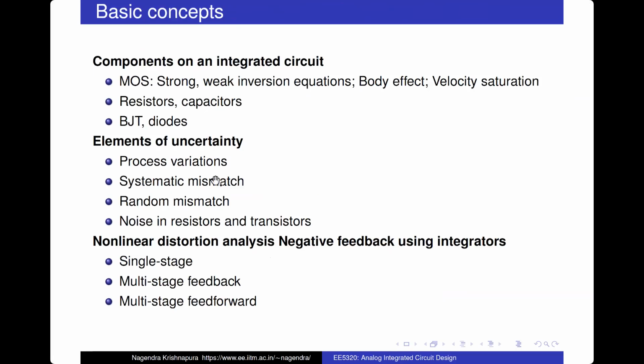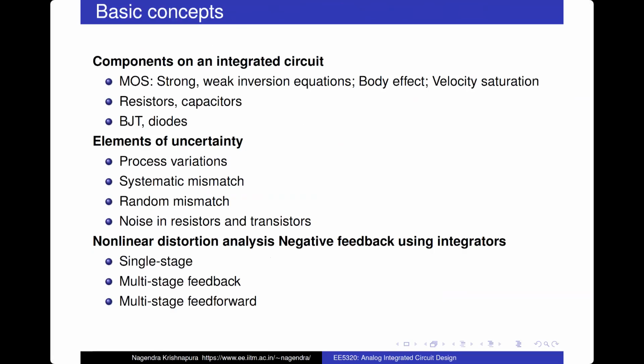Now, there is also some systematic mismatch that you introduce because of the way you physically draw the transistors, physically lay out the transistors. Those things we will look at. This won't be in great detail. If you take a course like IC design and testing, then you will be designing an IC, then you will get to know more of these things. But you need to know what this is.